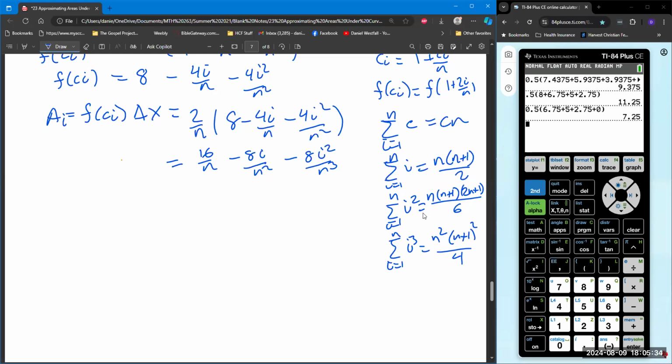So now I want to write my Riemann sum, but I want to take the limit as n goes to infinity of the sum of i equals 1 to n of f of ci delta x, 16 over n minus 8i over n squared minus 8i squared over n cubed, like that.